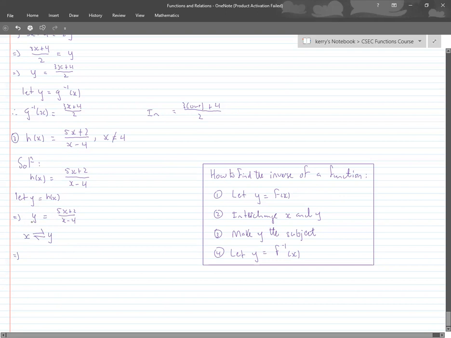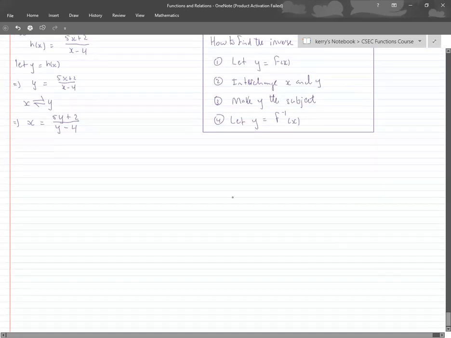What we are saying is wherever you have y, change it to x, it doesn't matter how many y's you have. And wherever you have x, you change it to y. So 5y plus 2 all over y minus 4. That's the interchanging step, and it's a crucial step because it switches your input and output, which is very important.